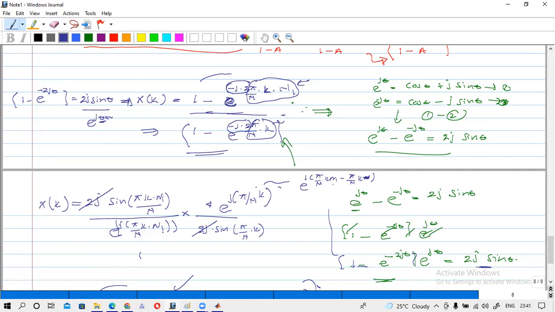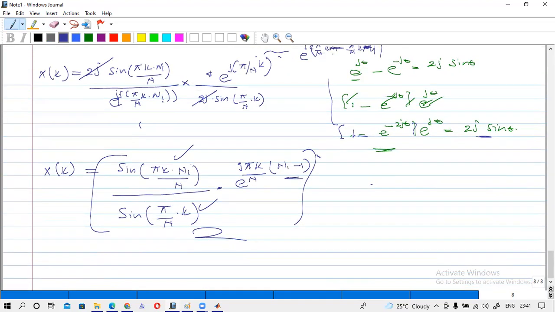So this is 5n k minus 5n k n1. If I take out j5kn, so here it is 1, and 5kn n1 is here, so it should be minus n1.